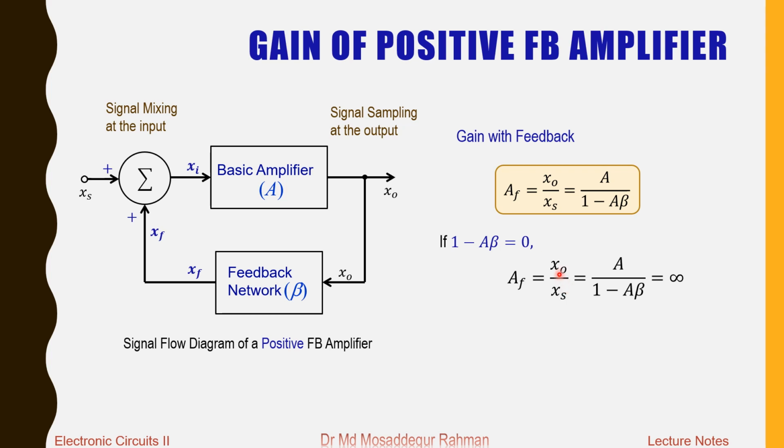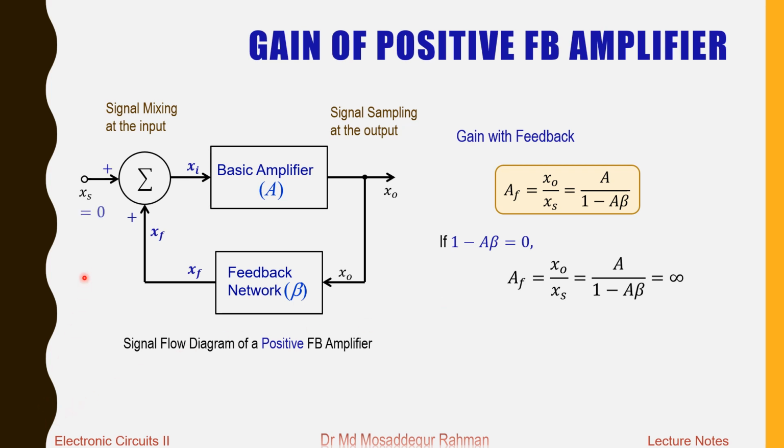You cannot get an infinite output, but it is possible to have a 0 input and have an output without any input, and then the gain will be infinite. So the explanation for this result is that it is possible to get an output with 0 input signal. Whenever you make this factor 0, you can still have an output with 0 input.